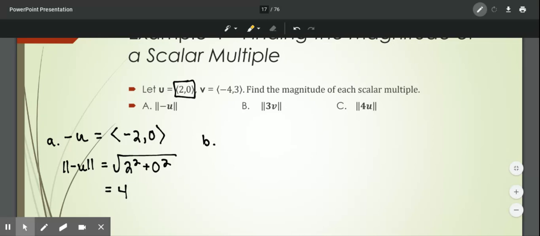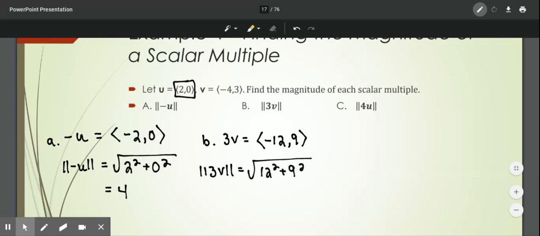For B, our 3v, before we find the magnitude, let's figure out what the components of 3v are. If we multiply, we get negative 12, 9 for the components. Then for the magnitude, we would do the square root of 12 squared plus 9 squared.